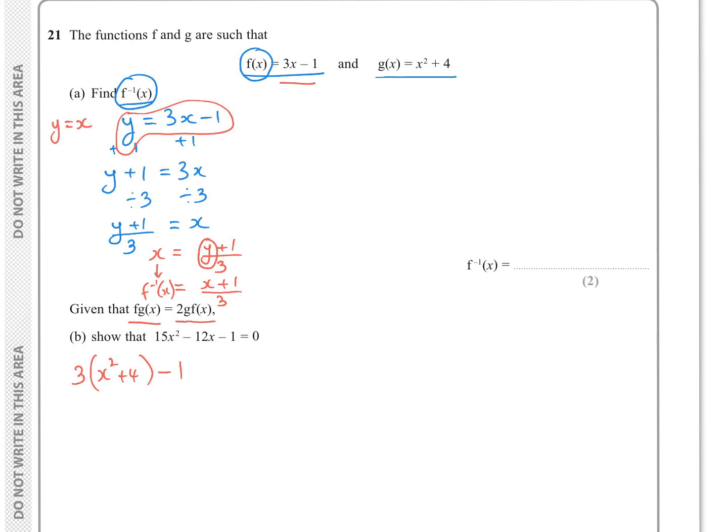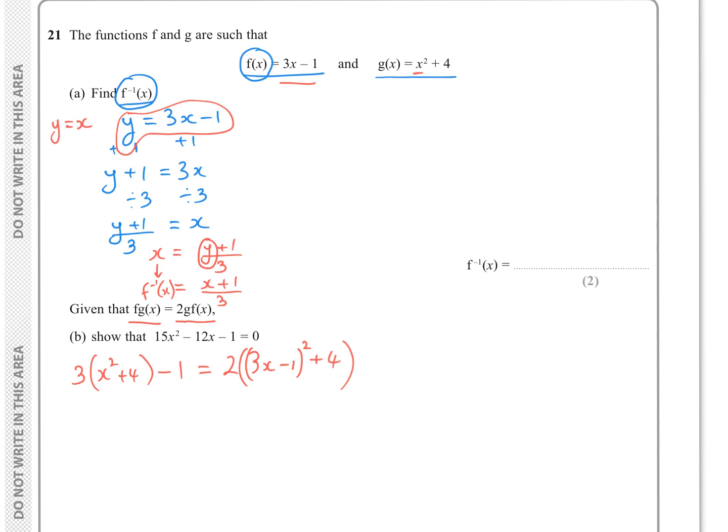And then we have minus 1 equals twice, and then g now takes on f of x. So wherever we see an x here in g of x, we would have to put 3x minus 1 instead. And that's squared, because we had x squared here, plus 4.